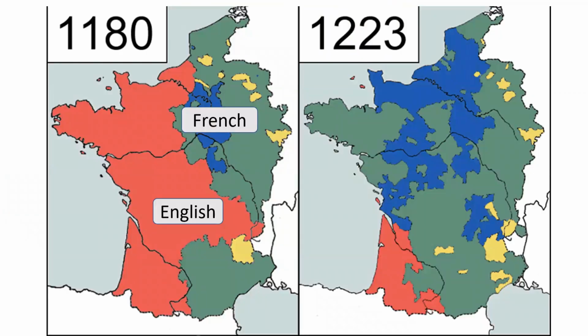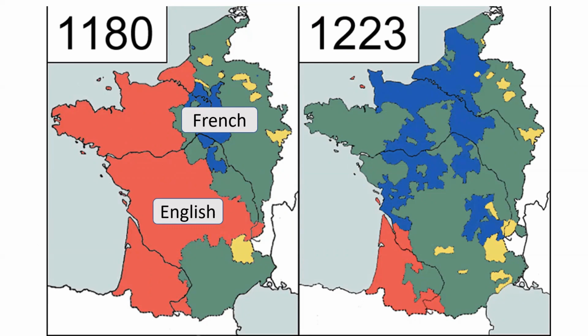Here are a couple of maps to give you a feel for the geography of the time. The map on the left shows the situation in the second half of the 12th century when King Henry II of England ruled over the enormous Angevin Empire, which consisted of much of modern-day France as well as England.